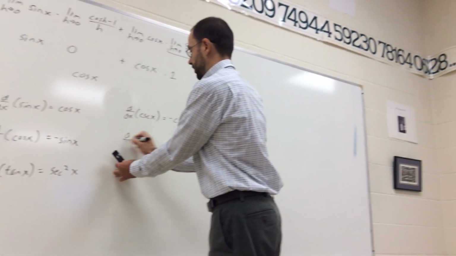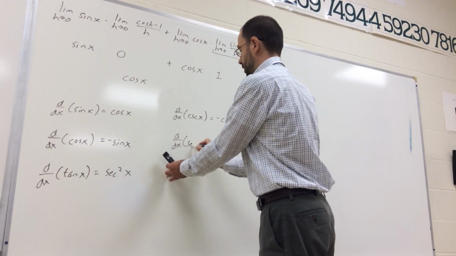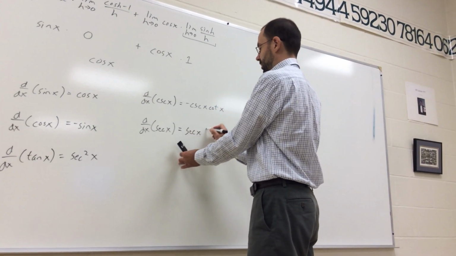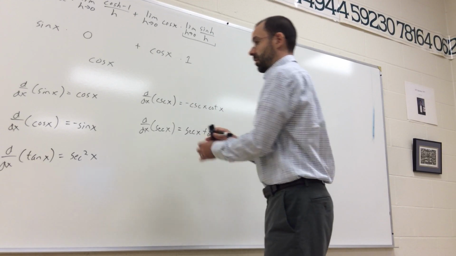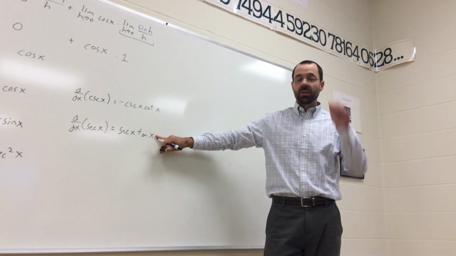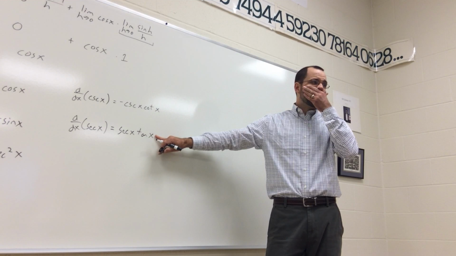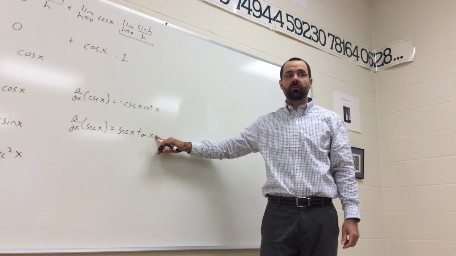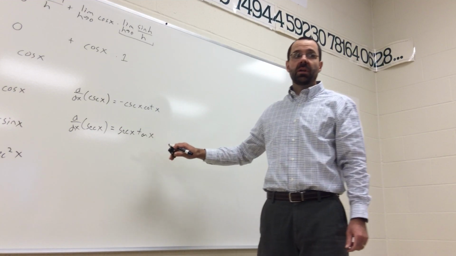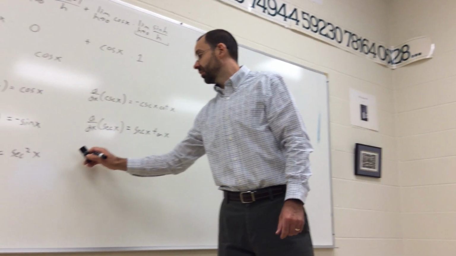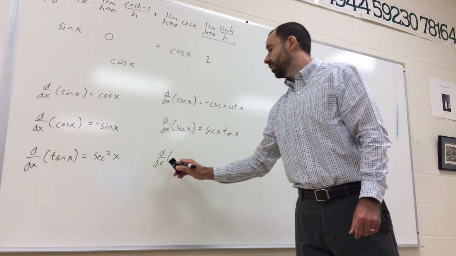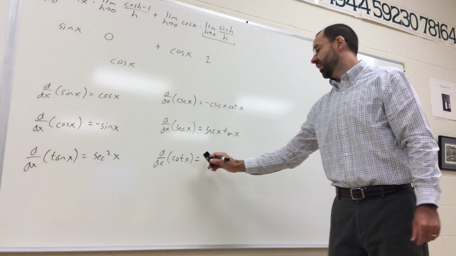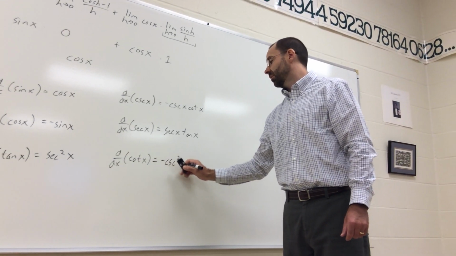And the derivative of secant is secant times tangent. And then finally the derivative of cotangent is negative cosecant squared.